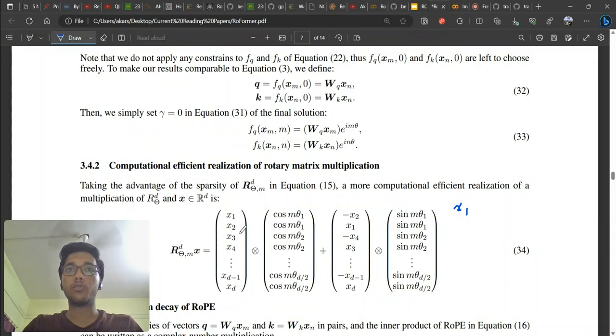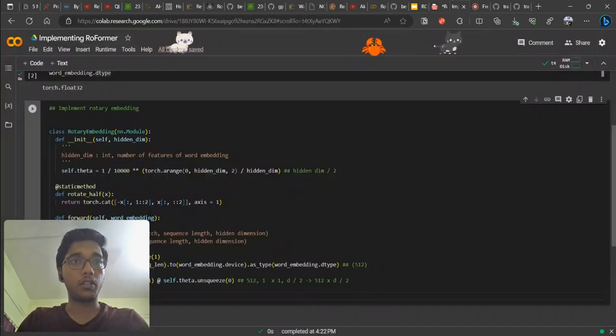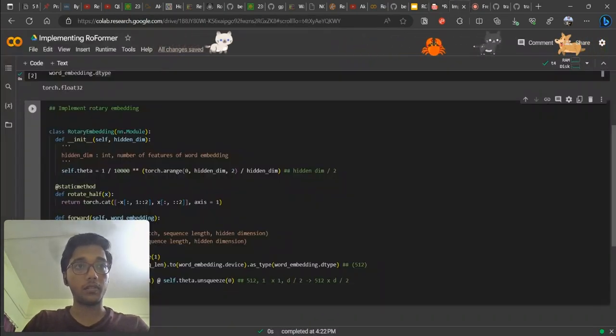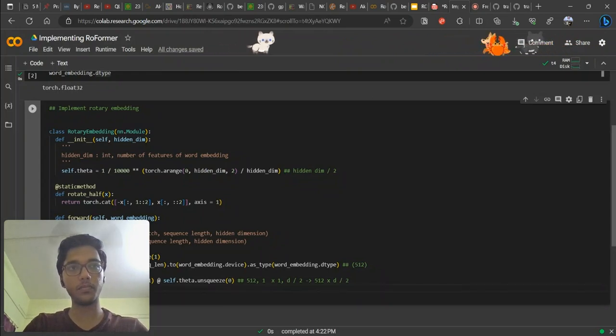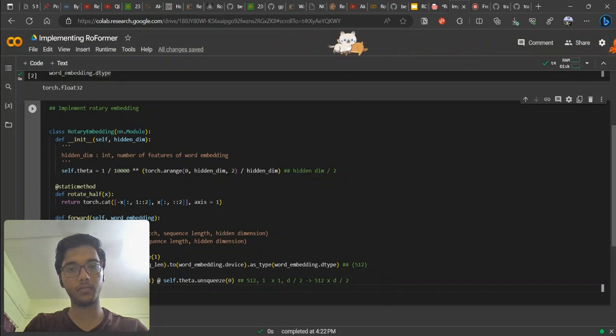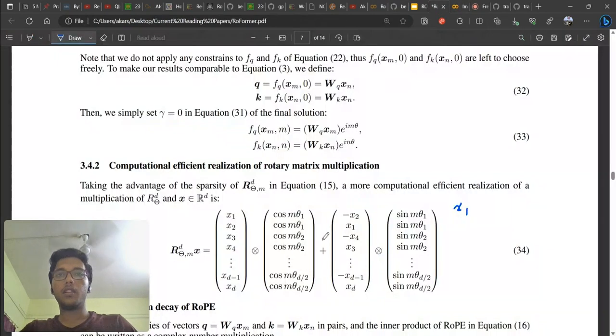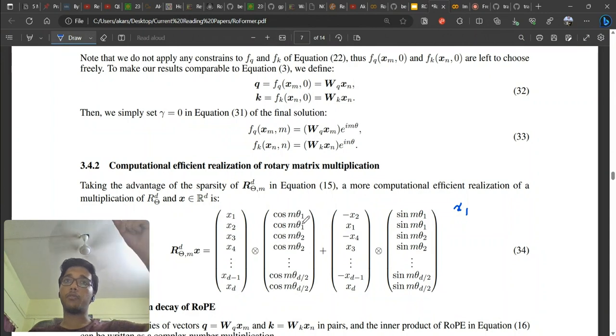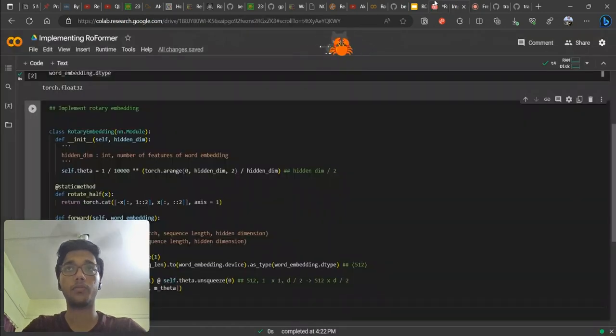And here also what we can now do is, this is of the shape. So this is what we did as a duplicate: m theta 1, m theta 2 and so on, and then we again did m theta 1, m theta 2.